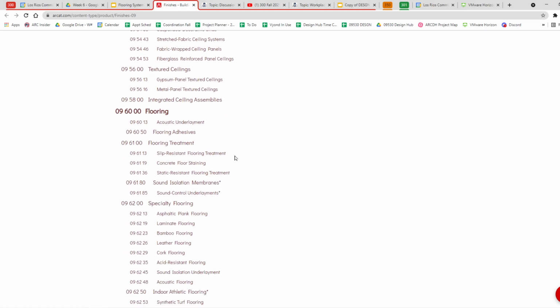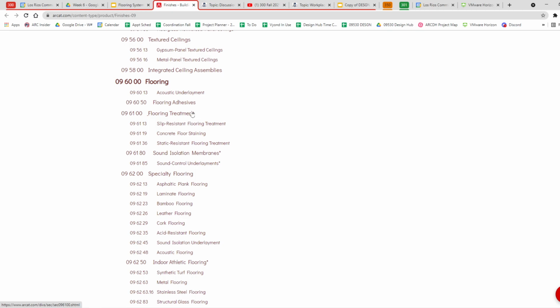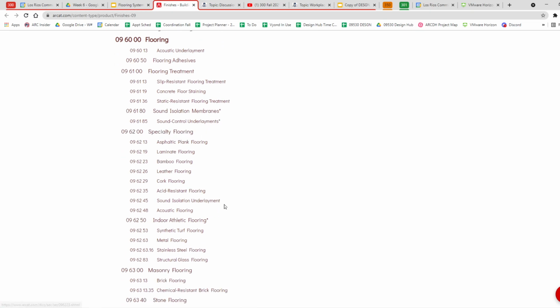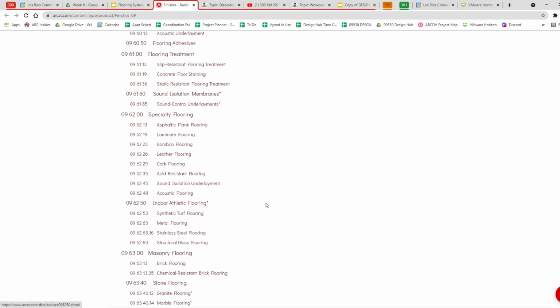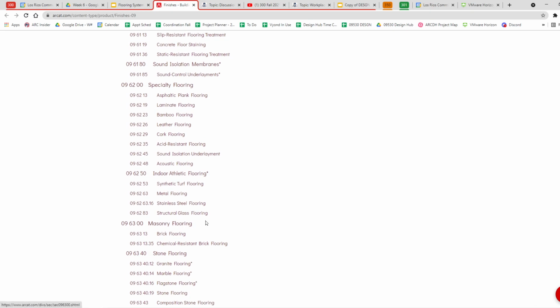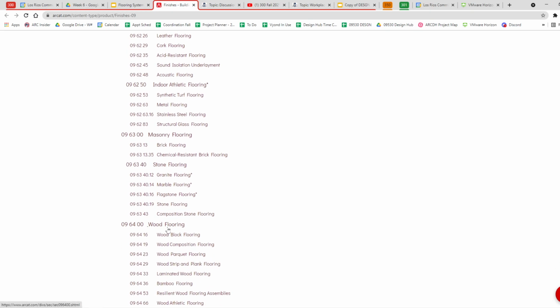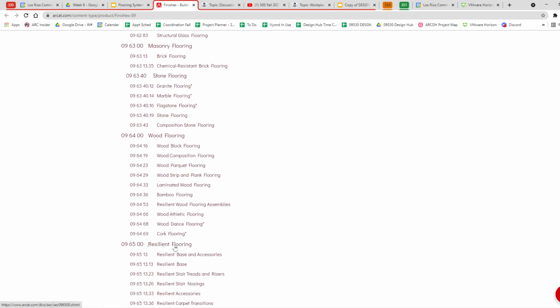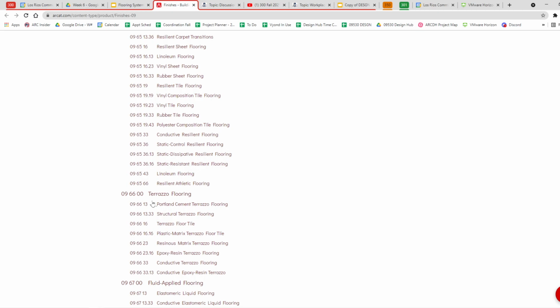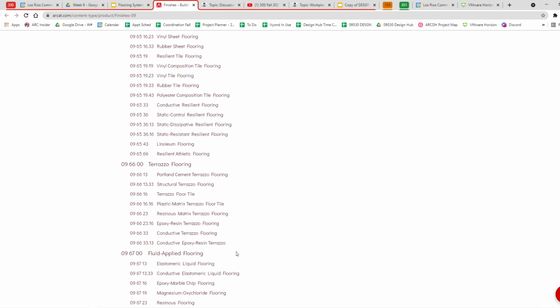Oh, and there's flooring. And there's flooring adhesives and treatments and specialty floorings, indoor athletic floorings, masonry, stone. I don't know why that's special under masonry, because stone is masonry. There's wood, resilient. So terrazzo, I actually don't know what terrazzo means. Maybe some of you do.